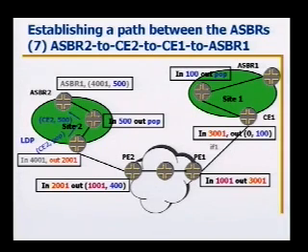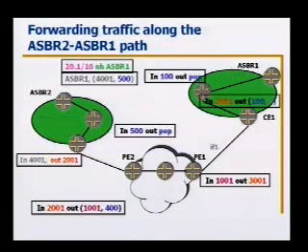And let's see what happens to a packet as it arrives into this network. So if we have a packet for 21.1.1.1 that arrives at ASBR2, ASBR2 has a route for 21/16 with a next hop of ASBR1, and it has a route for ASBR1 with a double push label, label 4001 and label 500.